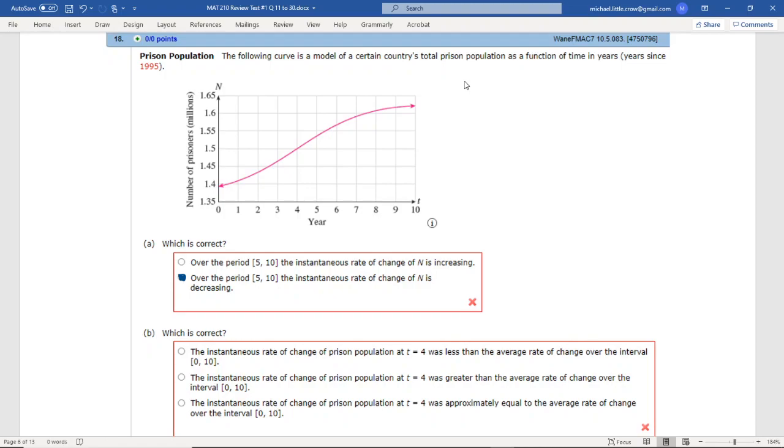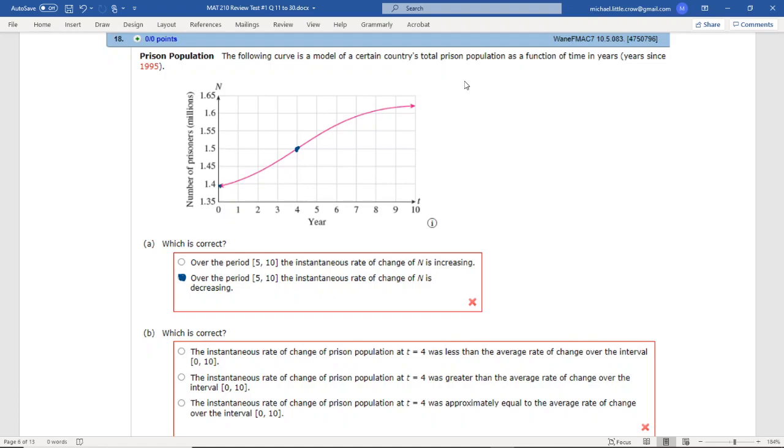Which is correct? The instantaneous rate of change of prison population at t equals 4 was less than the average rate of change over the interval from 0 to 10. So they're going to compare to t equals 4 here.